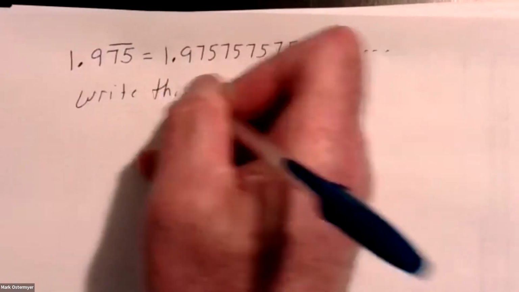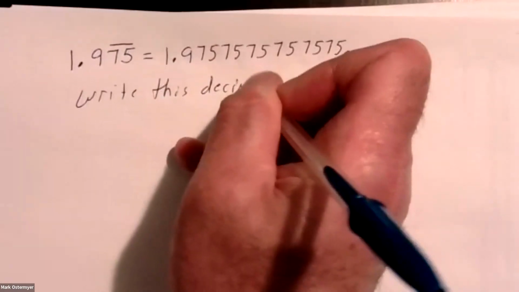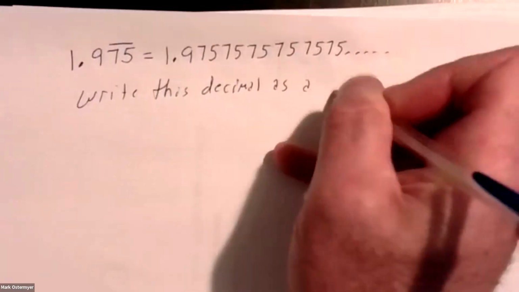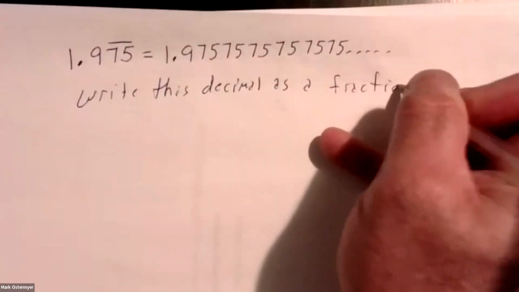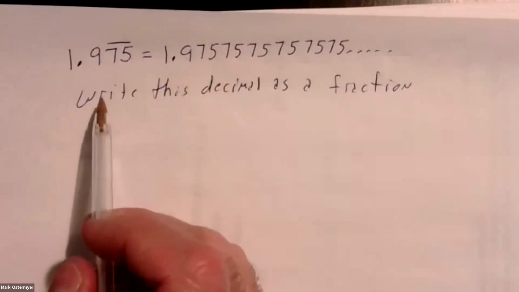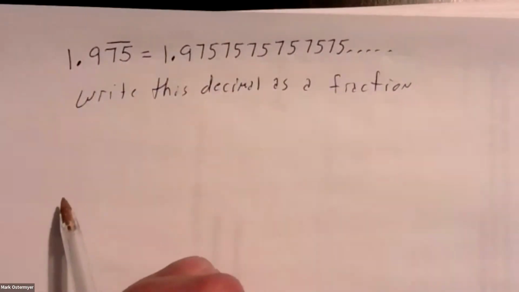Suppose I want to write this decimal as a fraction. In other words, what number do you divide by what number to generate this repeating decimal? Well, here we go.